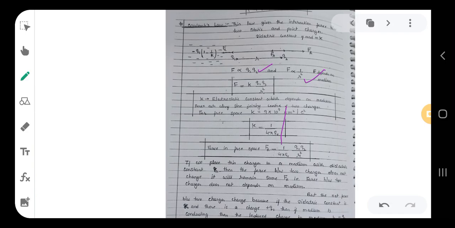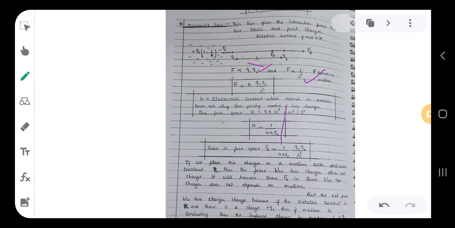Here you can see two charges, q1 and q2, separated by a distance r. That's why the electrostatic force is proportional to q1 and q2 and inversely proportional to r square. So we can write the force as F equal to k q1 q2 by r square. Now k is an electrostatic constant which depends on the medium.